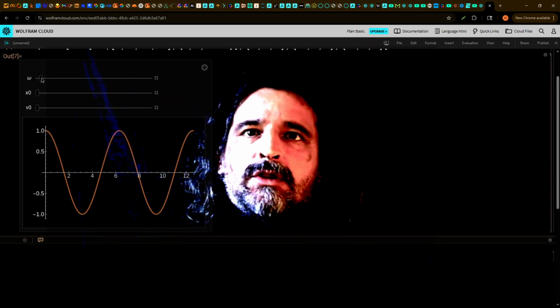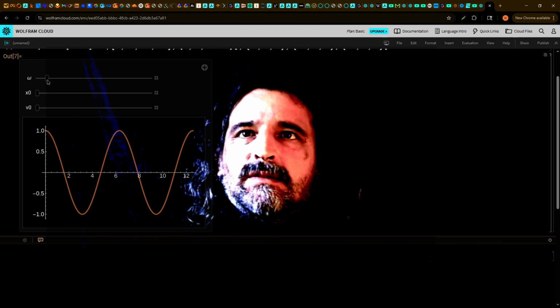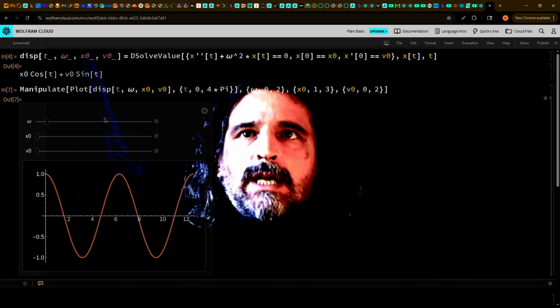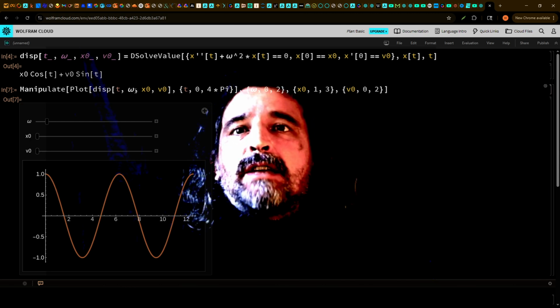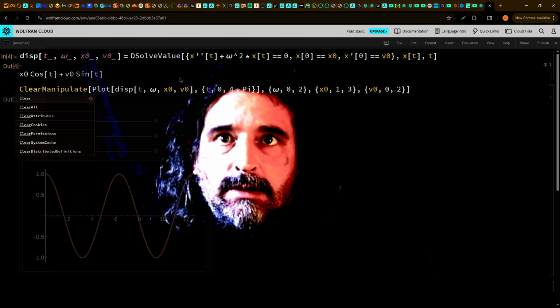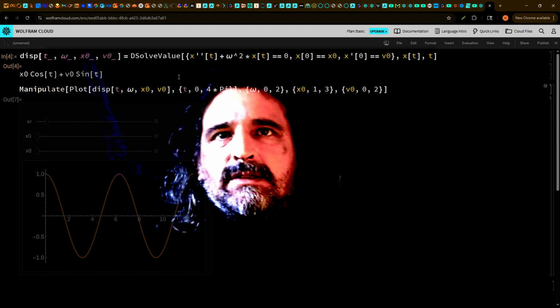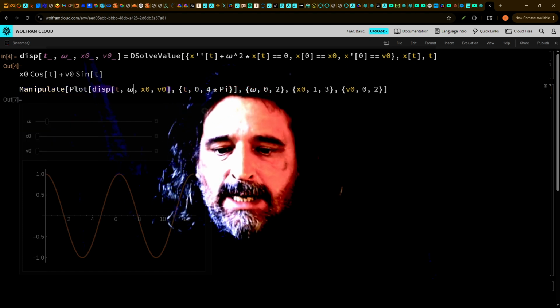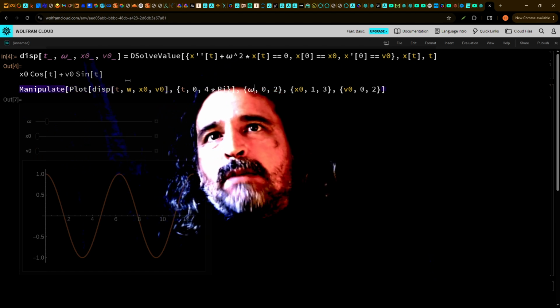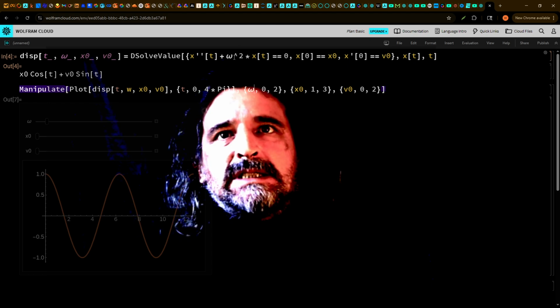So essentially, changing the frequency, it's not changing. Oh, because it has been defined before. So let me clear W. Instead of omega, I'm gonna call it W, because now it has been defined before. At the beginning, I put omega equals 1.